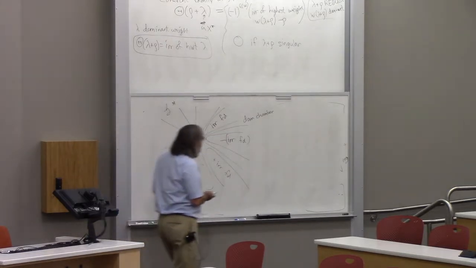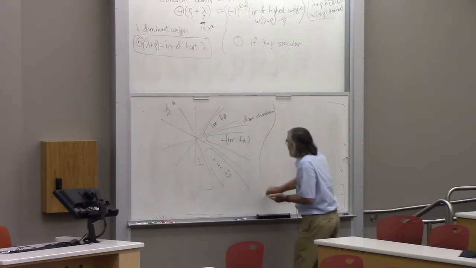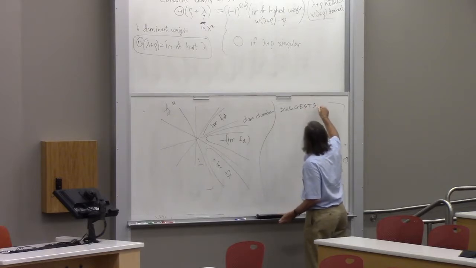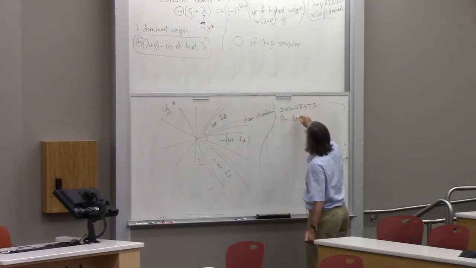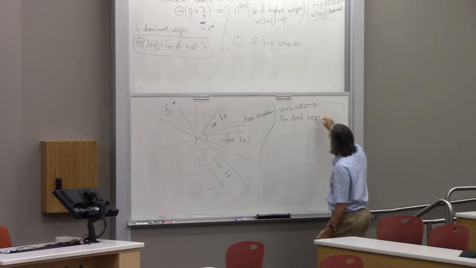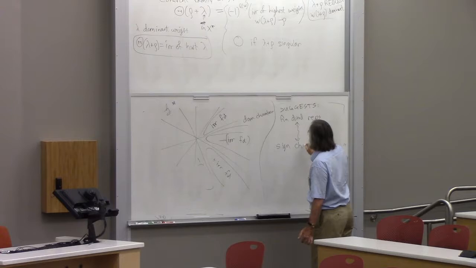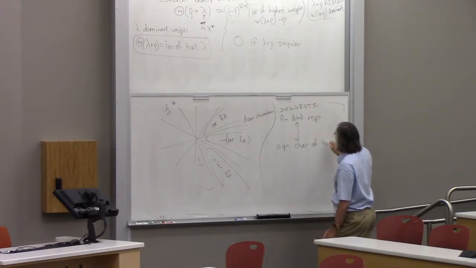And what this might suggest to you is that these finite dimensional representations have something to do with the sign character of W.